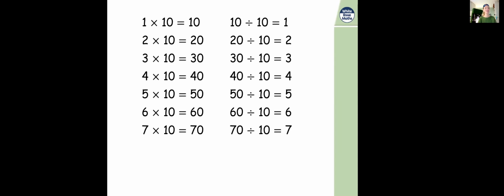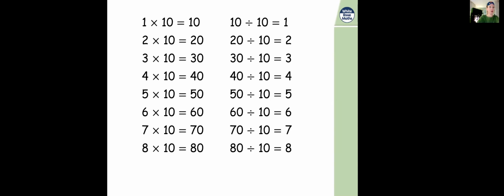So 70 divided by 10 is 7. Are you saying this along with me? Can't hear you. 8 times 10 is 80, and 80 divided by 10 is 8, and so on and so forth. You could carry on going and carry on going. It looks good though.